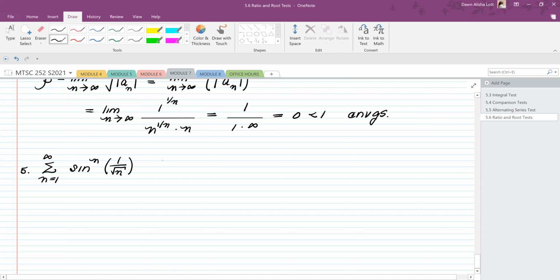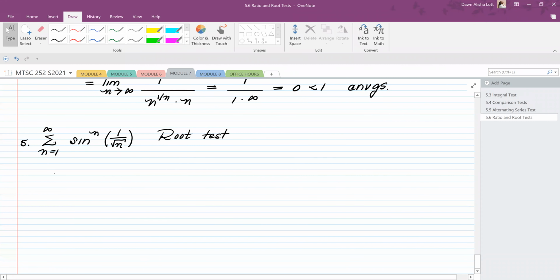Okay, again, root test. So a_n is the sine to the nth power of 1 over the square root of n.